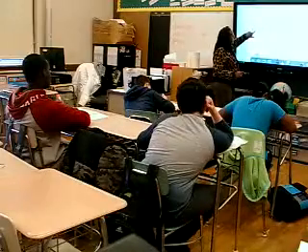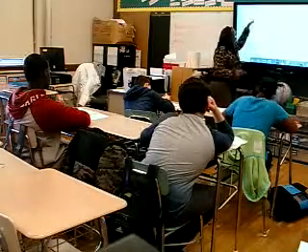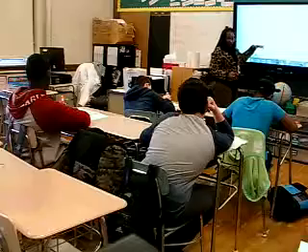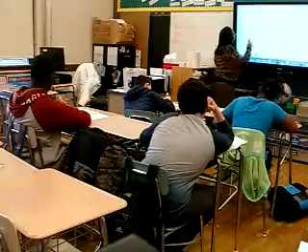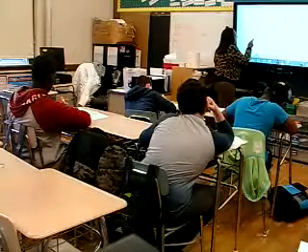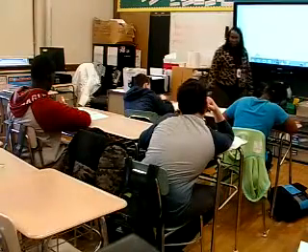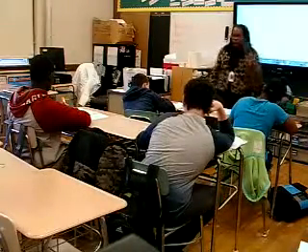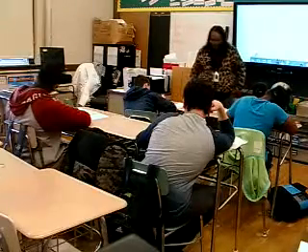Heterozygous meaning different, so big W, little w, two of them. So both parents should look the same. When you're ready to show me your answer, let me see it.